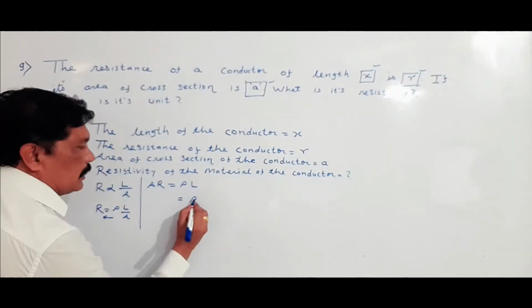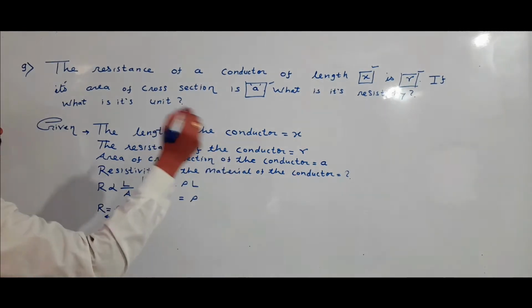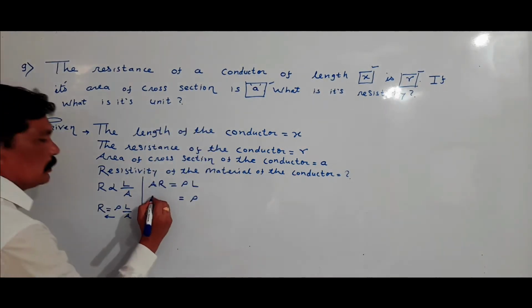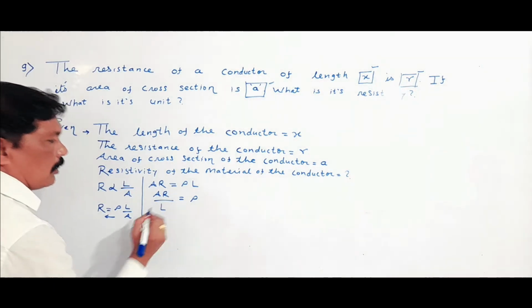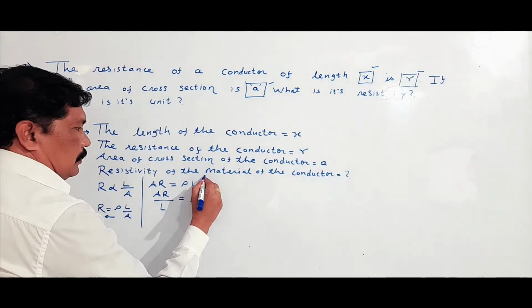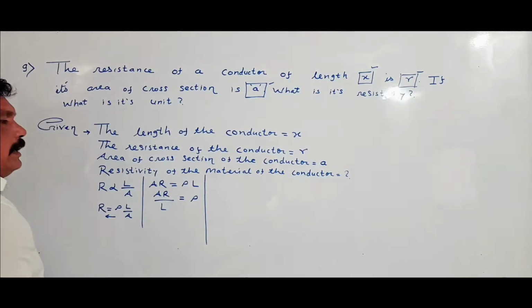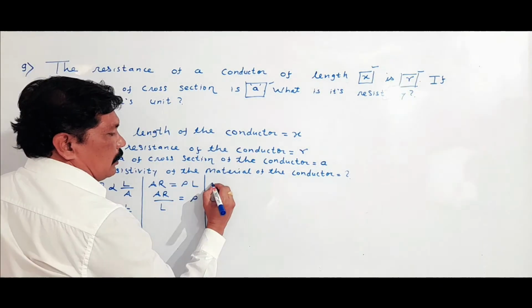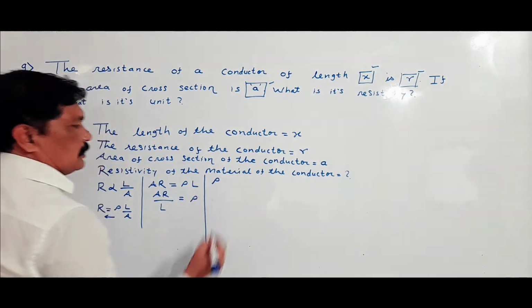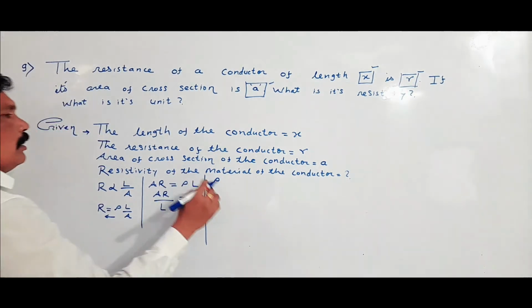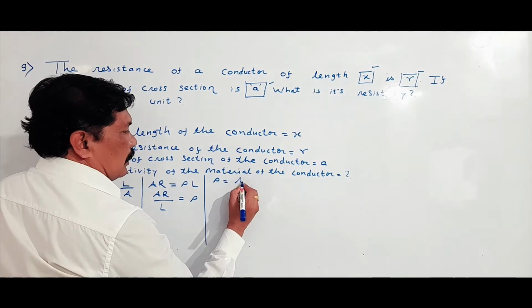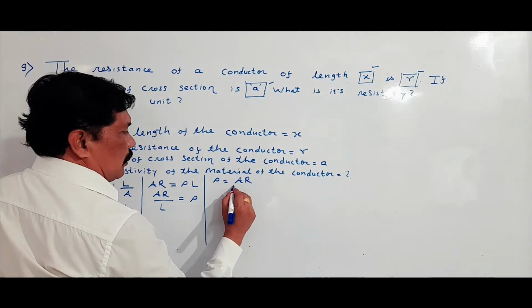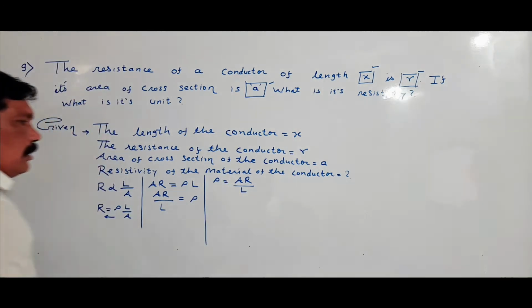So resistivity of the material of the conductor is equal to AR upon L. My dear student, we have got the formula: resistivity of the material of the conductor is equal to AR upon L.